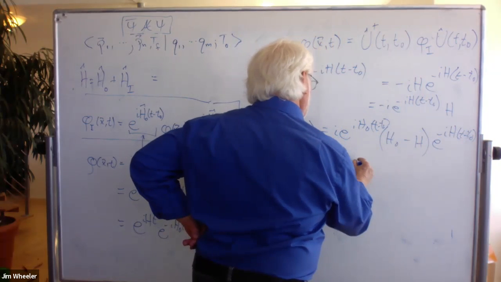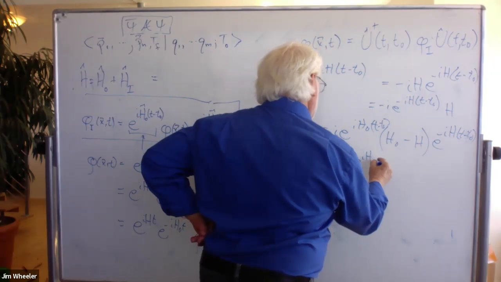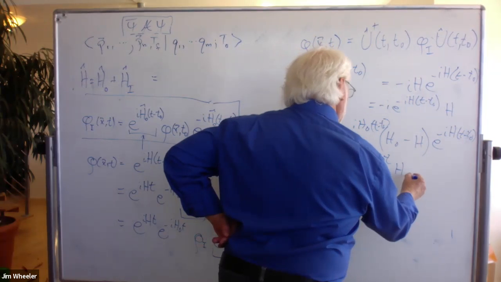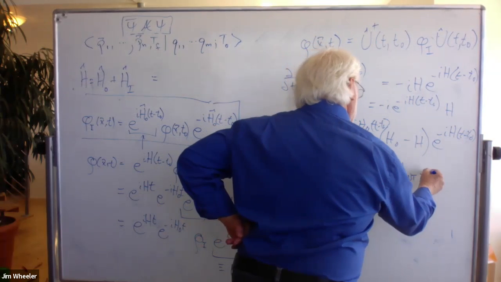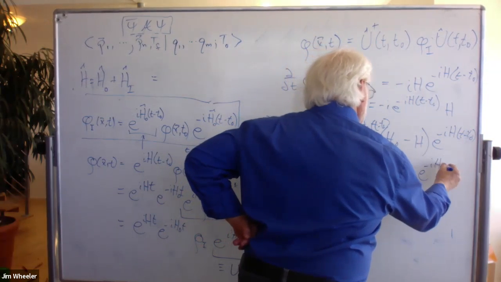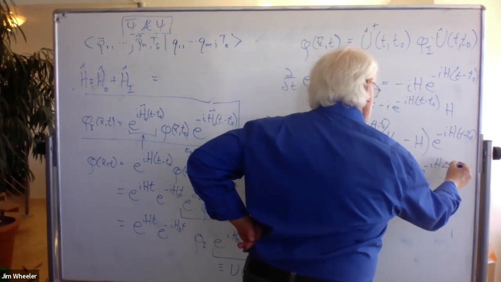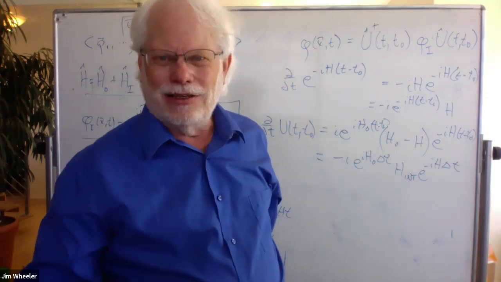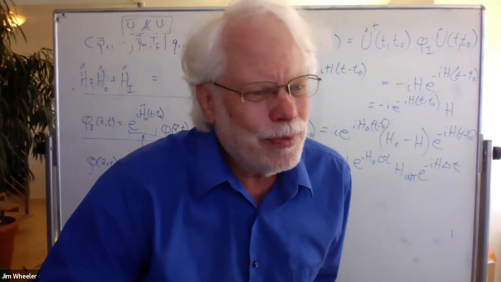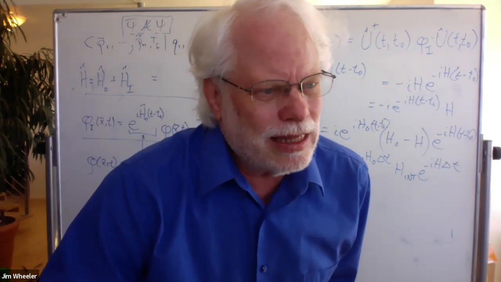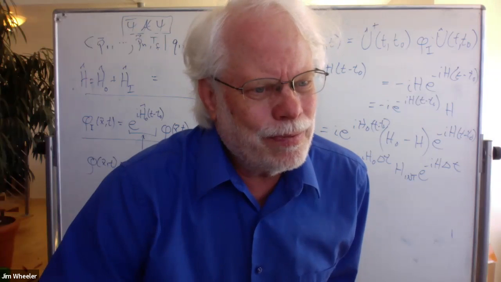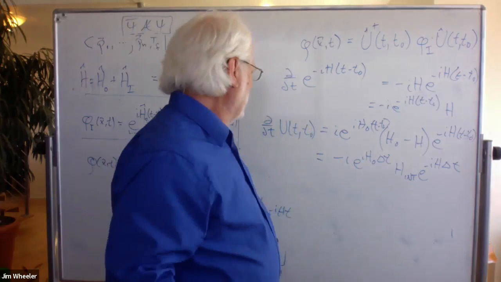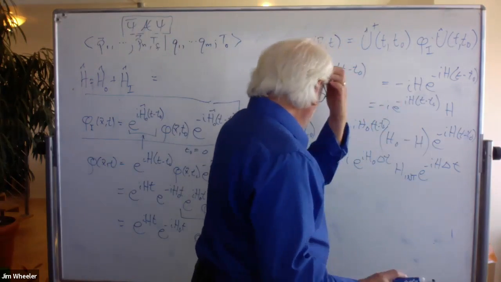So minus I e to the I H naught delta t times the interaction Hamiltonian times e to the minus I H delta t. Sorry to just write delta t there, but you guys will know what I mean. Now, what do we do with that? I want to turn this back into an operator acting on U.